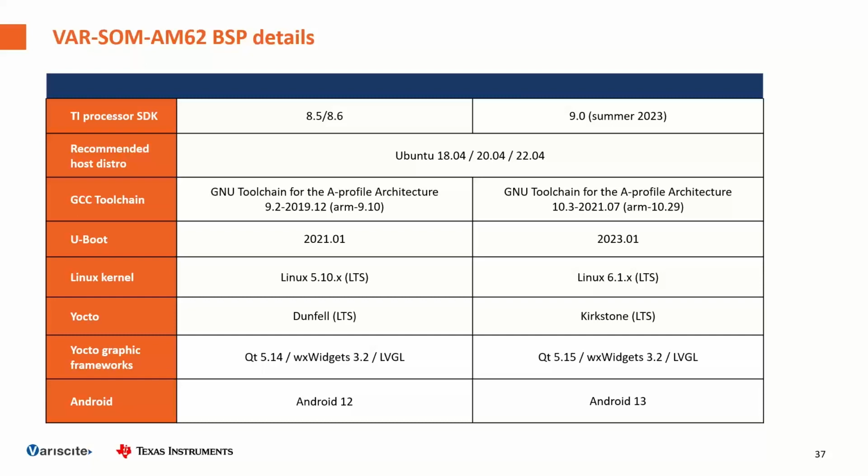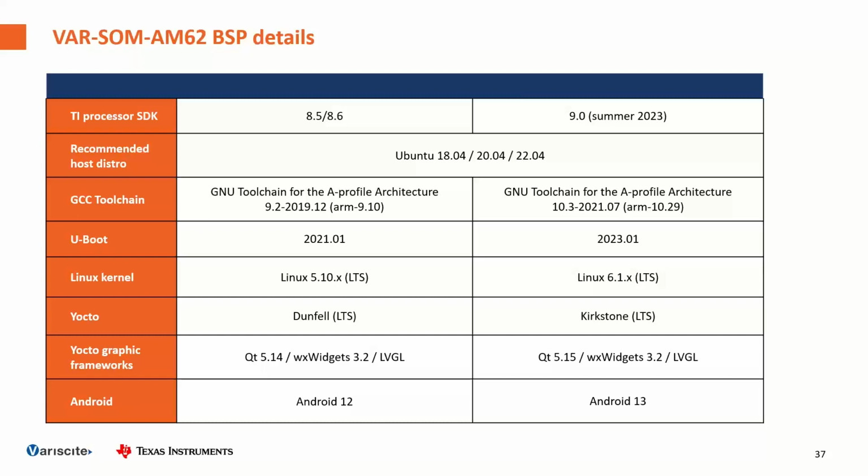The plan for the summer is to extend the BSP support to Kirkstone. Kirkstone will be based on Linux 6.1 LTS. The U-Boot should be 2023.01. The GCC will be incremented to version 10.3. On the graphics side, we will move to Qt 5.15, and wxWidgets and LVGL will be basically the same.